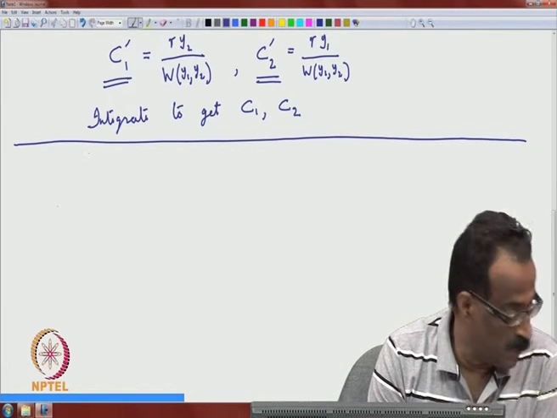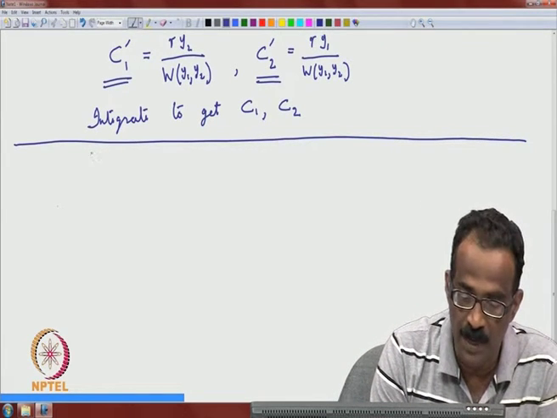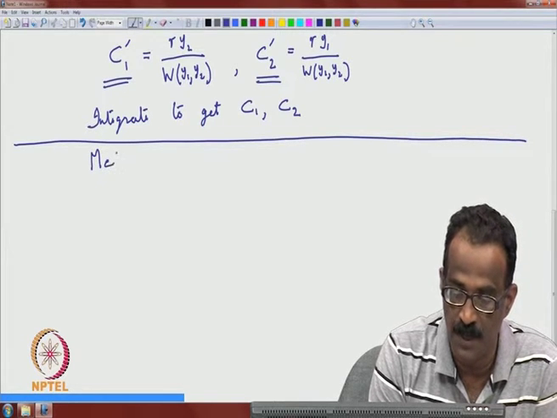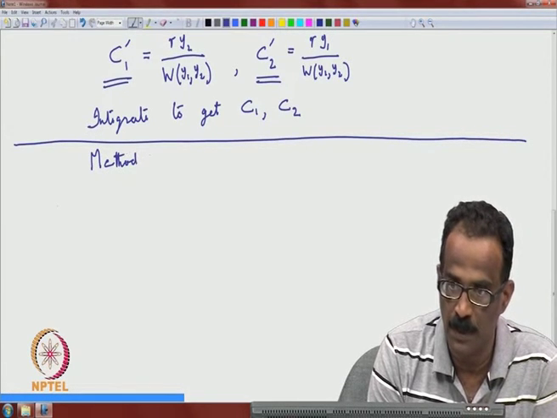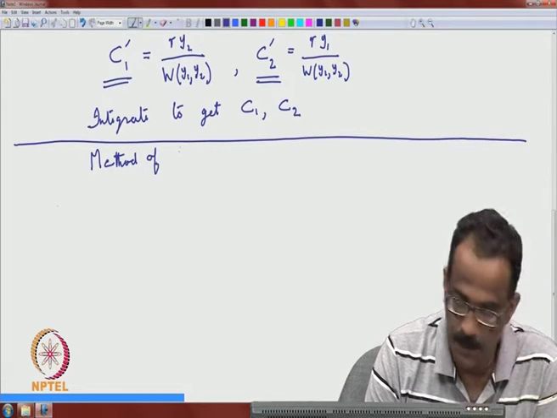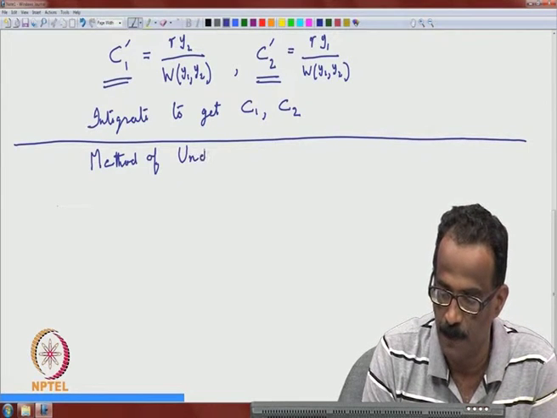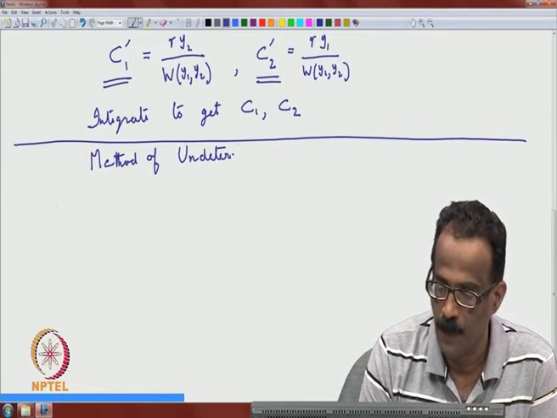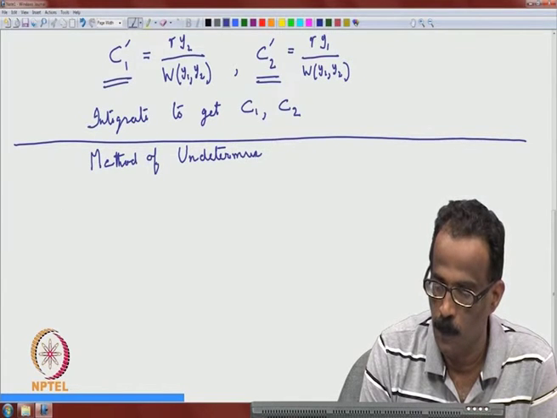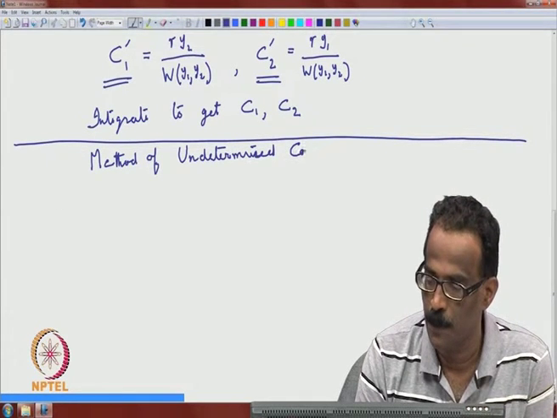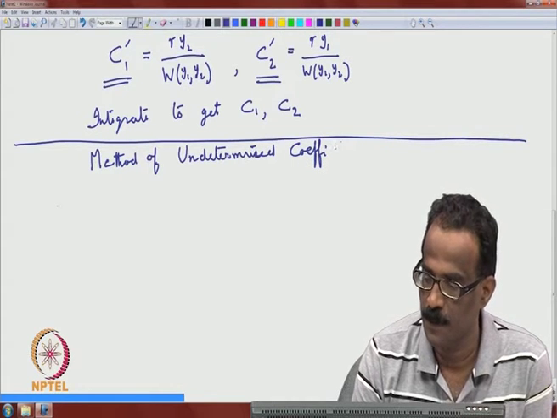This is another method, the method of undetermined coefficients. We introduced that also, the method of undetermined coefficients.